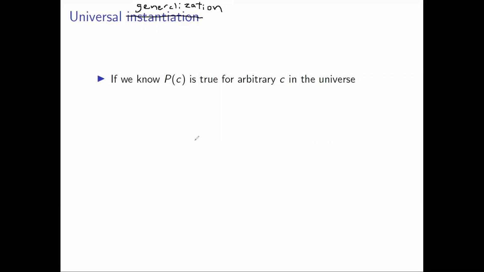So universal generalization might seem a little less obvious than the two instantiation rules. When we do universal generalization, we know that P of C is true for an arbitrary C in the universe. I want to circle that word arbitrary. It's very important here.